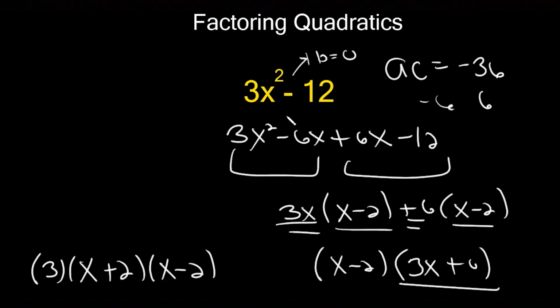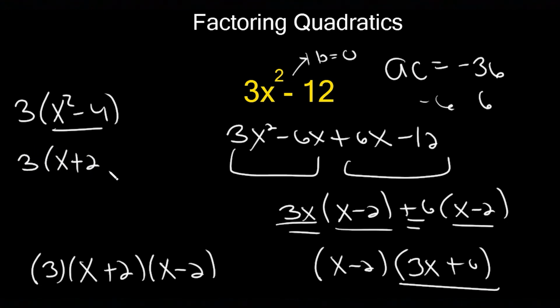If you go back to the original example and pull out a 3, what happens? I pull out a 3, and I'm left with x squared minus 4, right? From here, you can do the AC method, or you can recognize that what you're dealing with is a difference of two squares. So all I need to do is write 3, and then x plus 2 and x minus 2, and you're done.